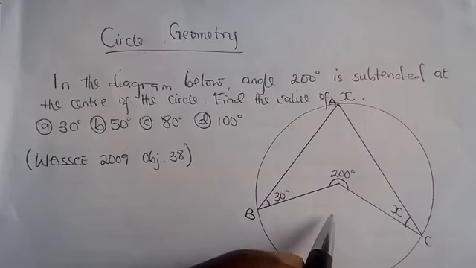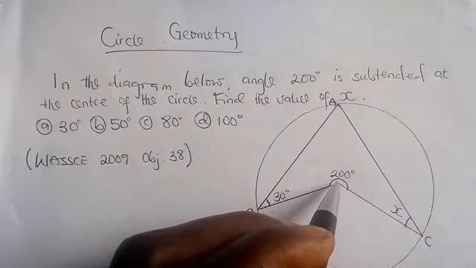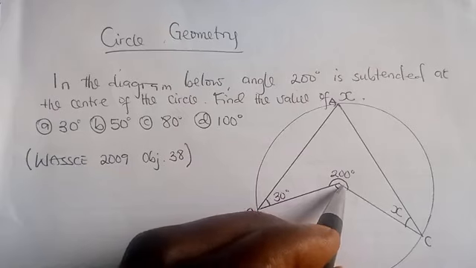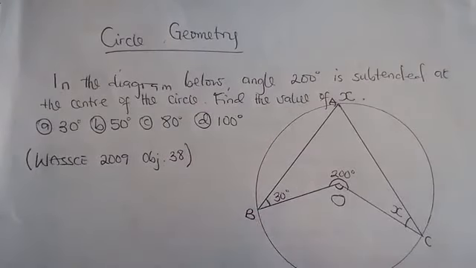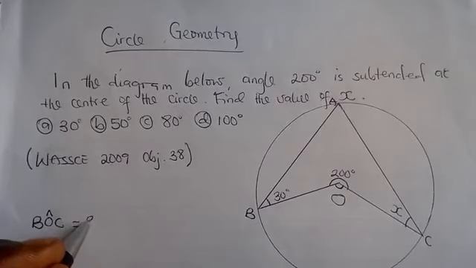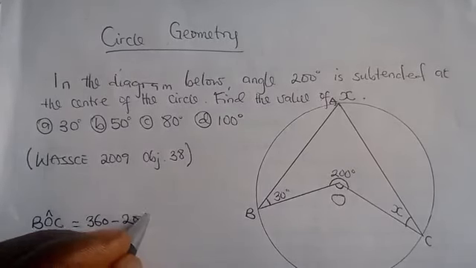The first thing we need to know here is the fact that this is a reflex angle, 200 degrees. So the angle that we have here, that is, if this place is center O, angle BOC is equal to 360 degrees minus 200 degrees.